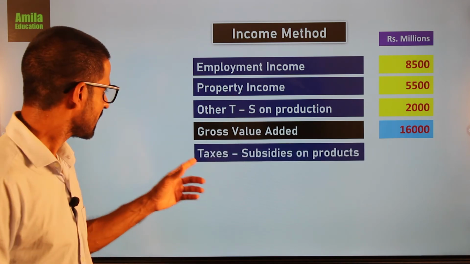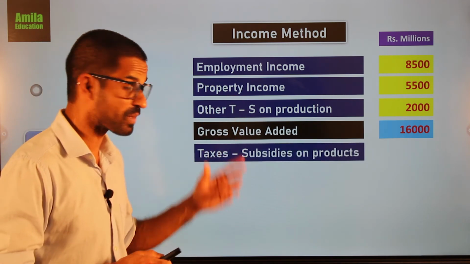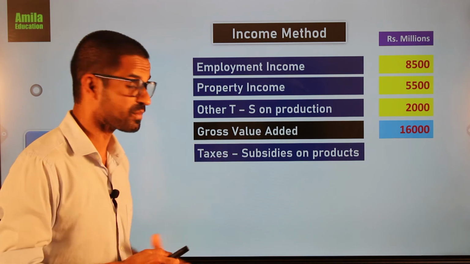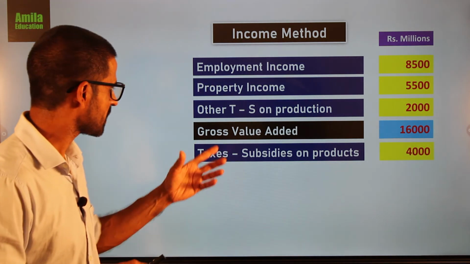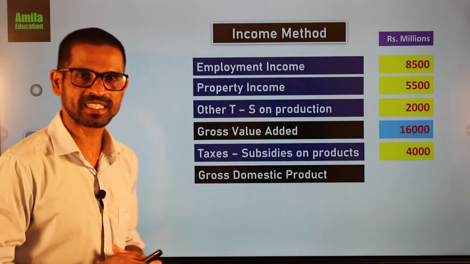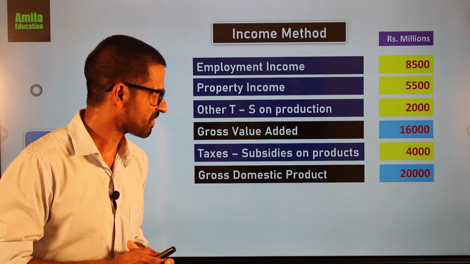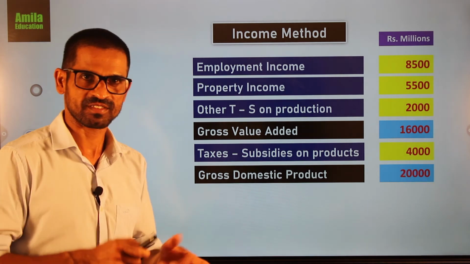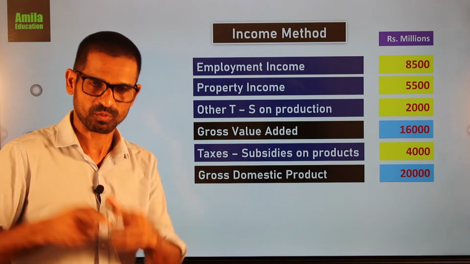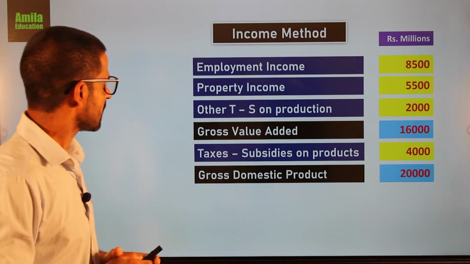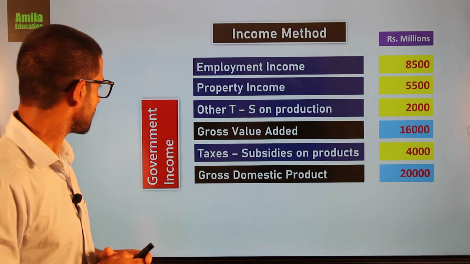To that we add net taxes on products, that means taxes minus subsidies on products. Then you reach gross domestic product at market price, which is 20,000, which is equal to the output method as well, right? Then we have to go for the expenditure method.